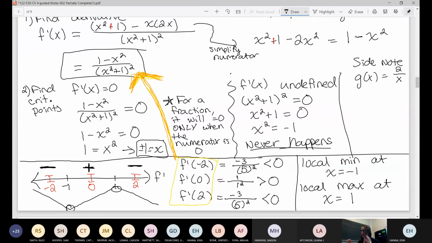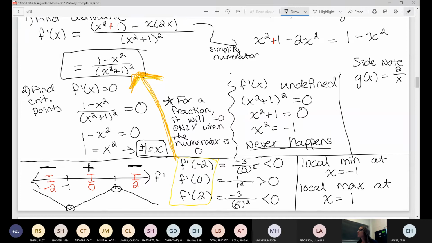So that's why this works. It's also why you have to keep track of your critical points versus your test points, which is why I personally put them in different colors, because the extrema can only be at critical points, not anywhere else.